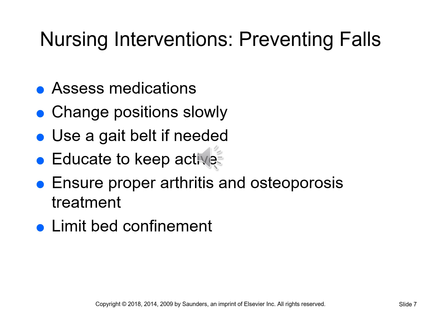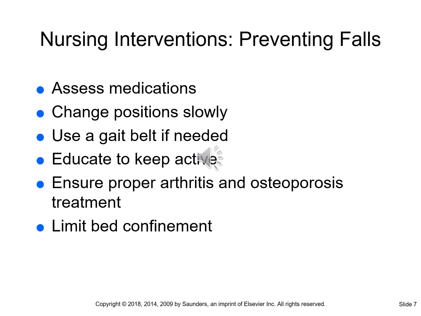If the person does have arthritis or osteoporosis, make sure we're treating that appropriately, managing their pain so that when they're walked, they're not in pain, which can increase their risk for falls as well. Limit bed confinement because, again, all those things we talked about with immobility: if you're confined to the bed, that is immobile, and that's going to put you at risk for becoming weaker.